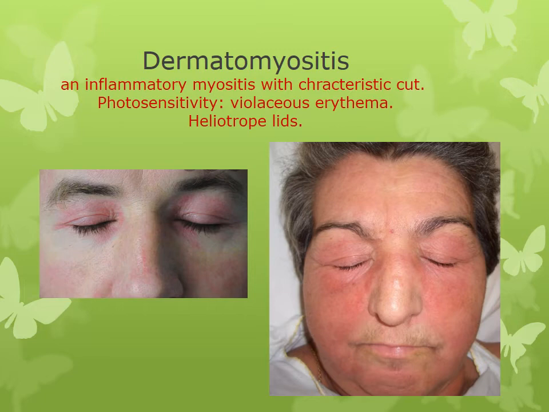The violaceous erythema with mild edema is usually on the face, more on the cheeks and more on the upper eyelids. The term heliotrope is given for describing the violaceous erythema of the upper eyelids in these patients.